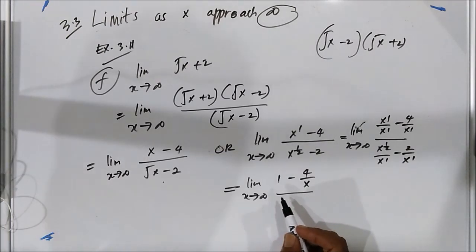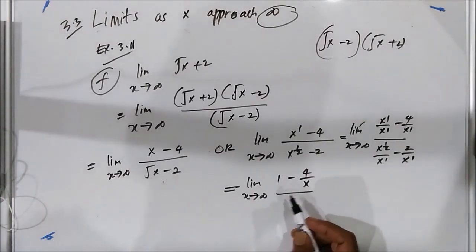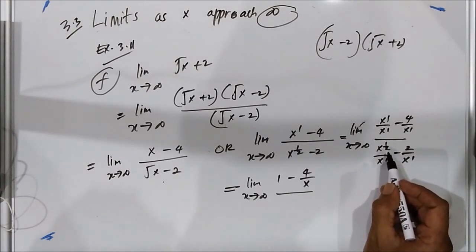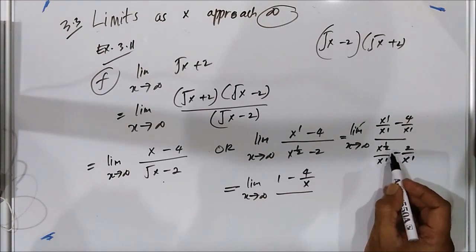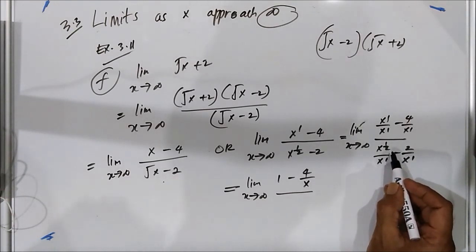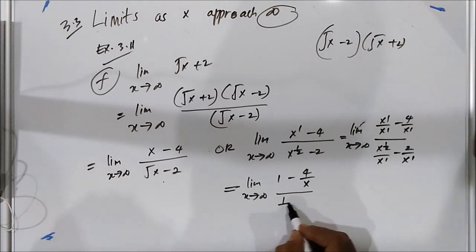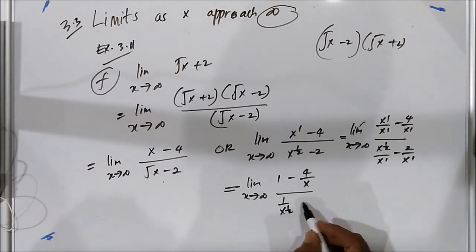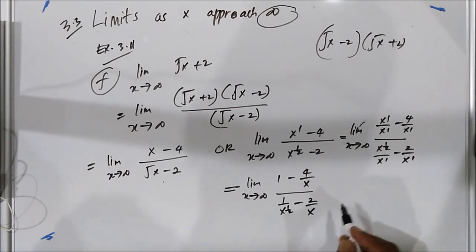So this gives x raised to 1 divided by x raised to 1 is equal to 1, minus 4 over x. And in the denominator, 1 over x raised to half minus 2 over x.